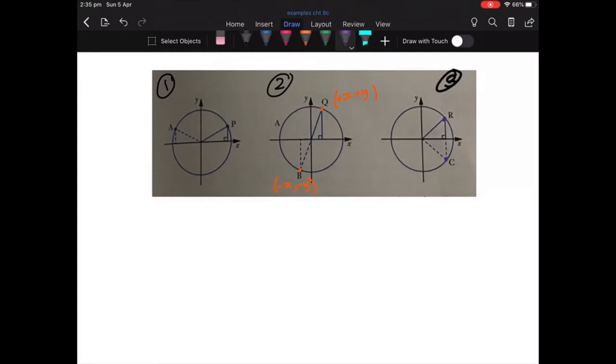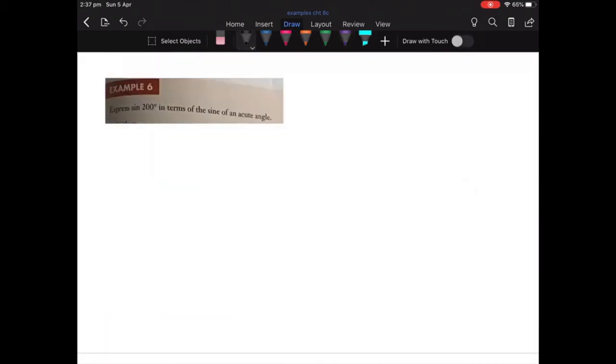So what that means is the two points, the coordinates, differ only in sign. Therefore, the sine, cosine or tangent of any angle will equal the sine, cosine or tangent of the acute angle made with the x-axis, together with the appropriate sign.